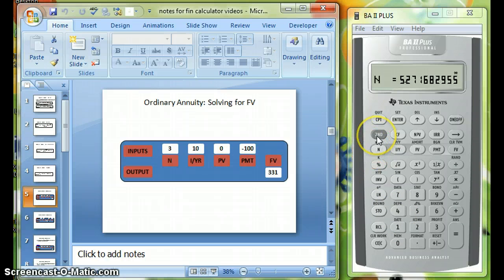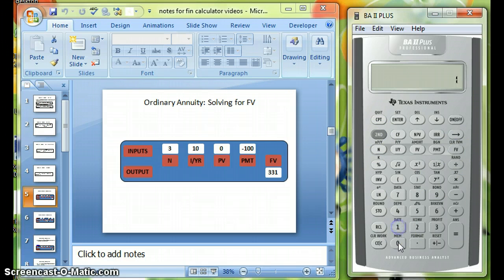So, well, you may want to second clear everything first, and 100 payment, 3 years, interest rate is 10%. You want to put a 0 as PV because in addition to the 3 payments, there's nothing else at the beginning. So 0 PV and compute future value 331.